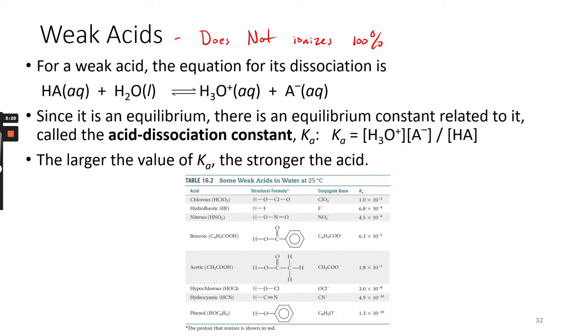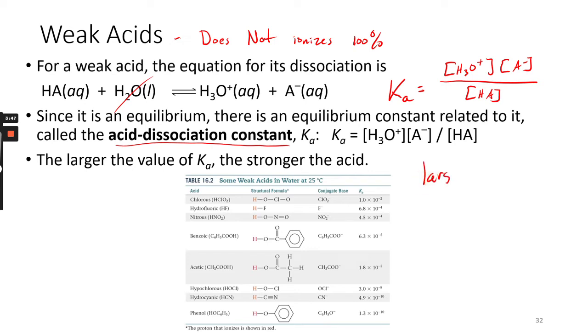If we wanted to write our equilibrium constant for this, remember, it's your products, what we learned in chapter 15, divided by your reactants. Water is pure, so it's not in your equilibrium expression. And since this is for acids, we put a little a here. So we call this Ka, or your acid dissociation constant.